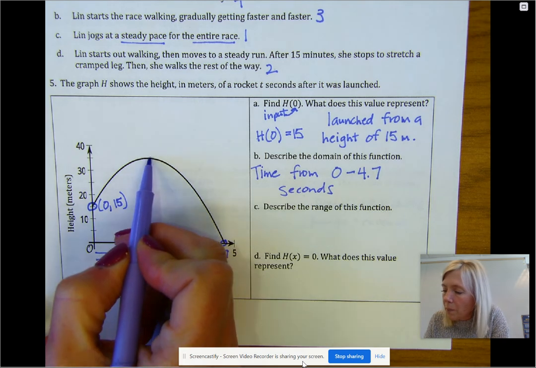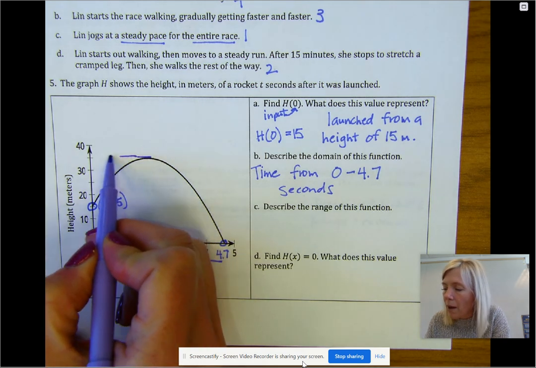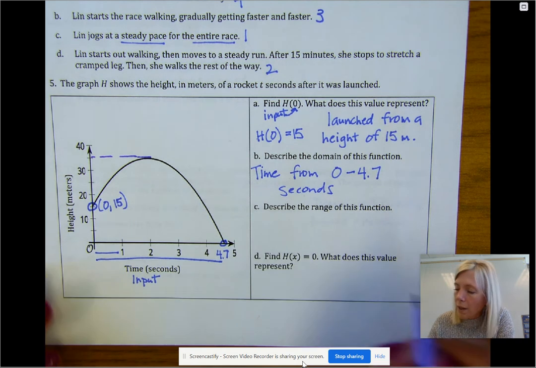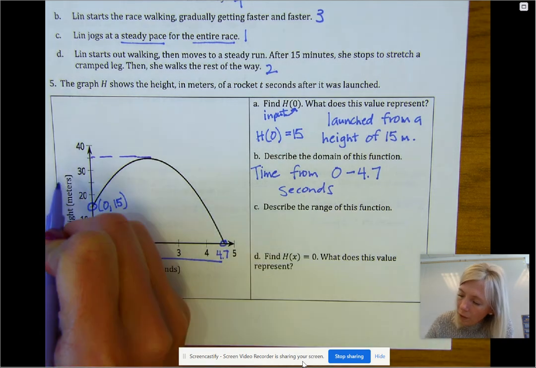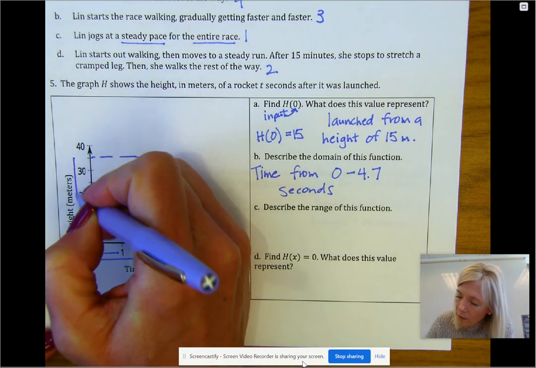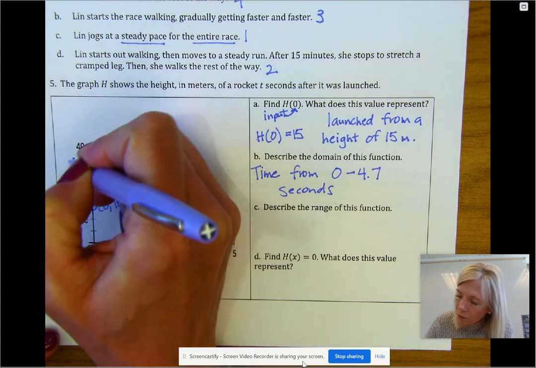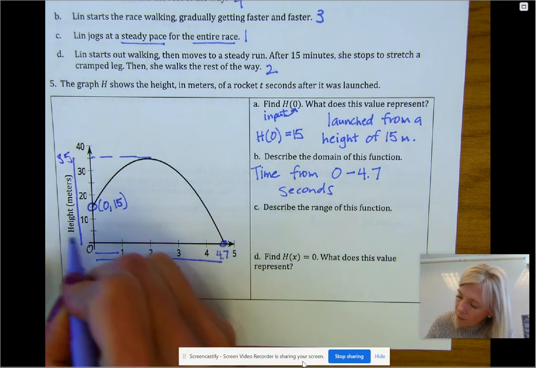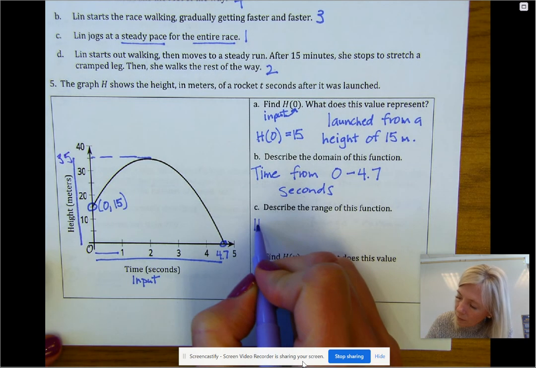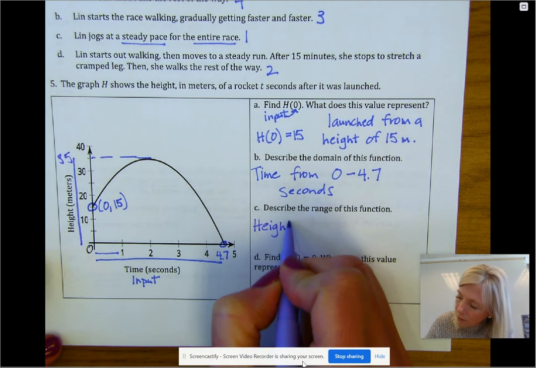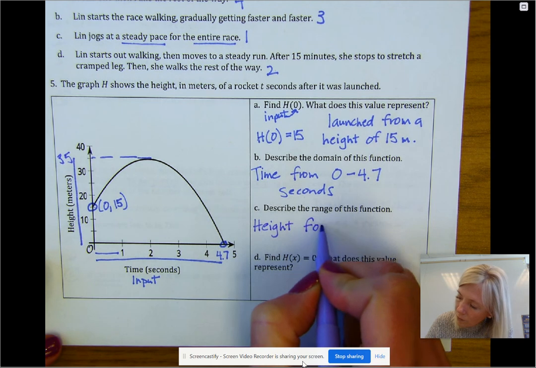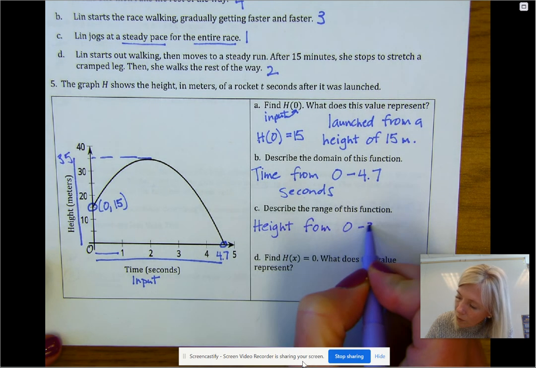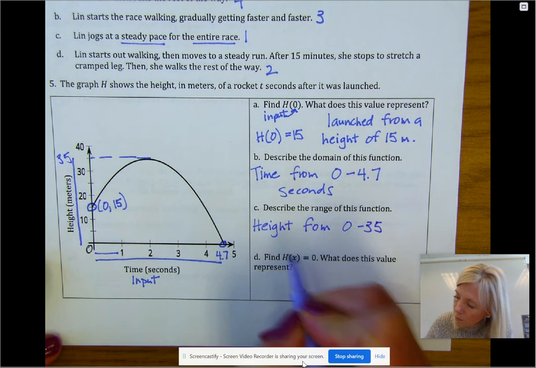And the maximum height looks to be about 35. So the range is that entire distance from 0 to 35. So it's height from 0 to 35 meters.